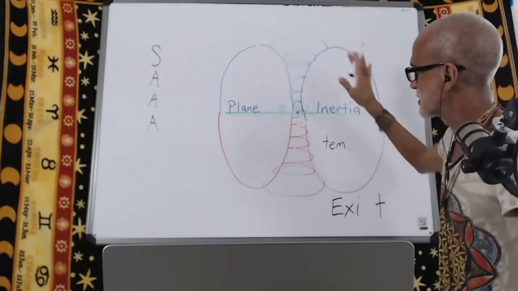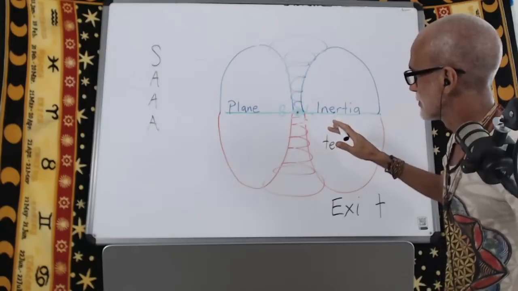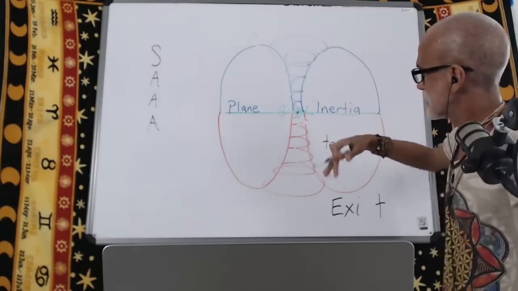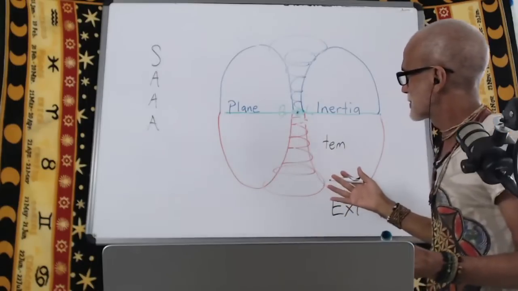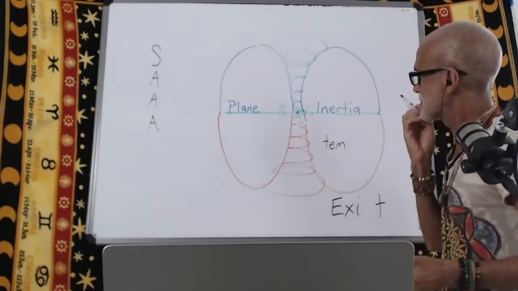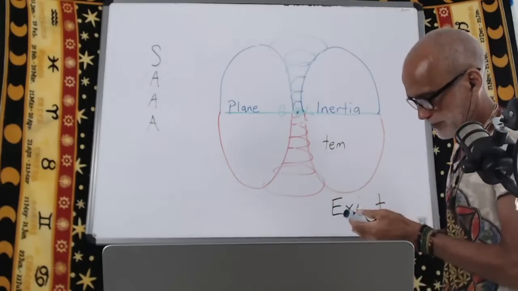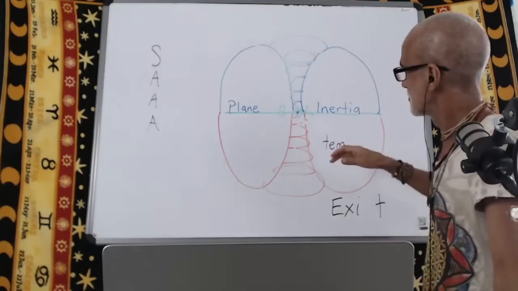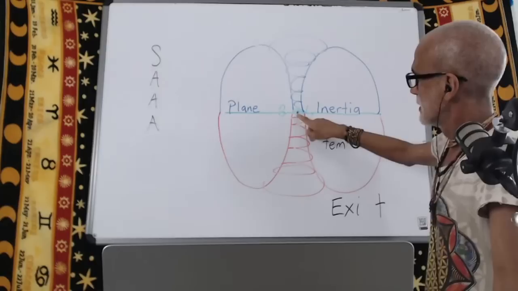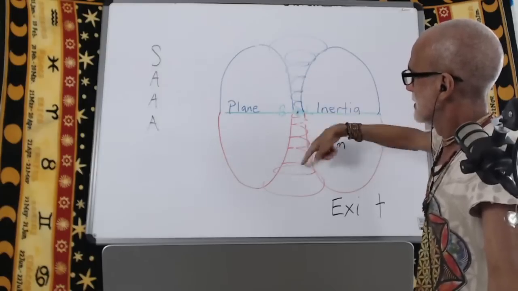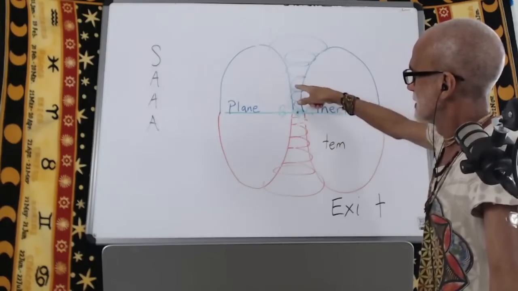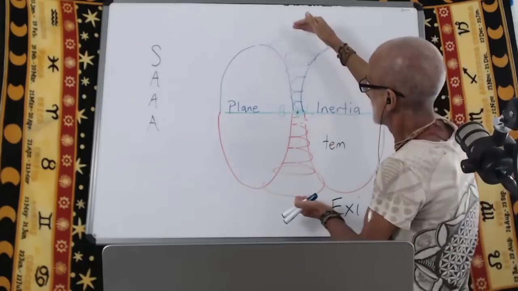The field is all potential. And when that inertia loses its stillness, redshift, blue shift immediately happens, which causes the vibration, which causes time.